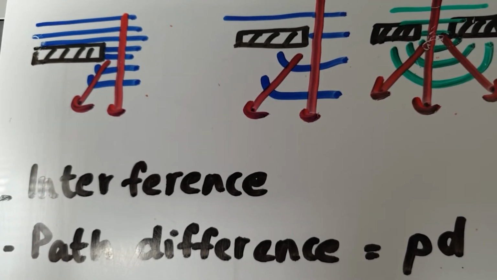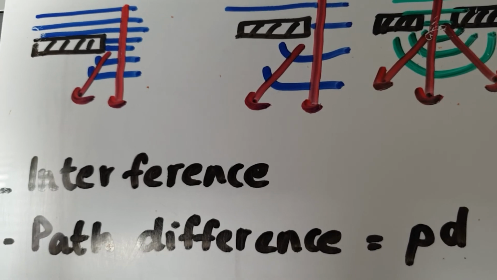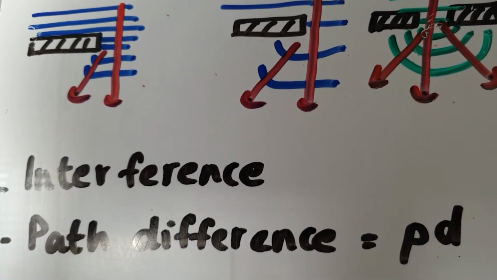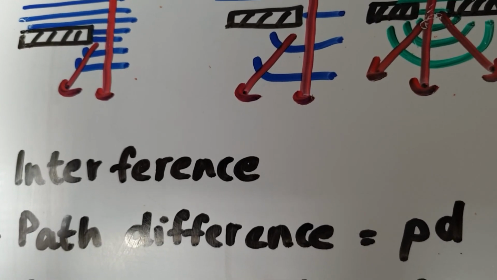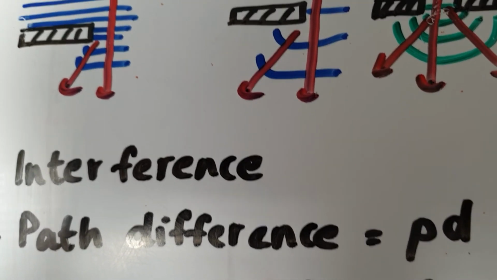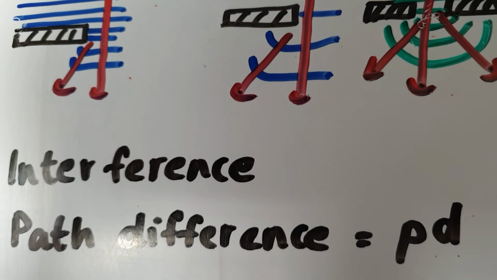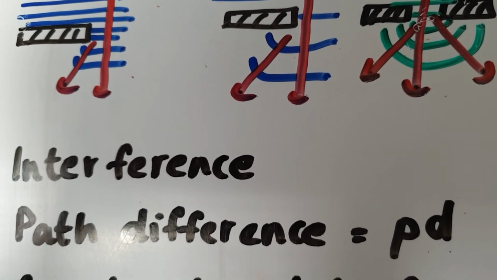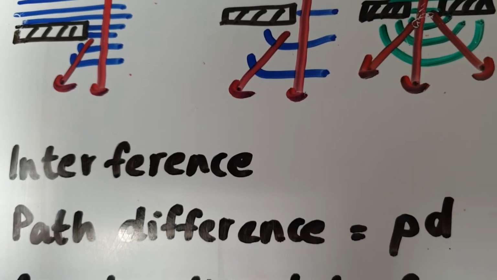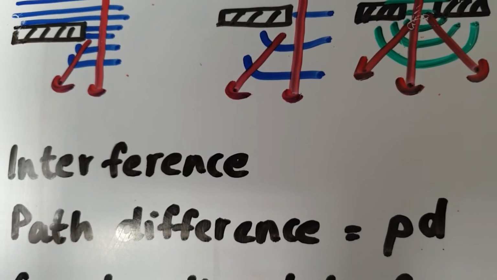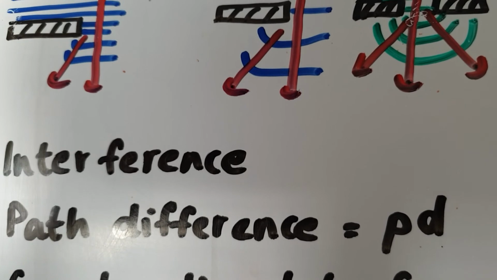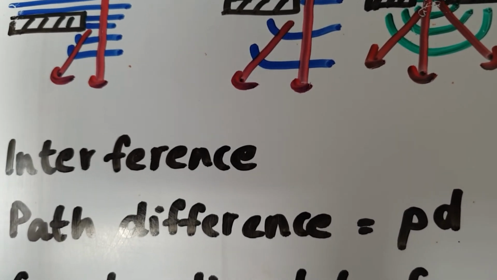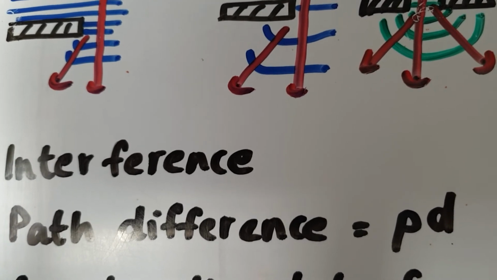Now in order to get that resultant wave, it's waves coming from different sources. So that brings us to the term path difference. Path difference, or PD, is the difference in distance traveled by the waves to reach a particular point. We'll come back to this more in the next lesson, but path difference is an important thing that you need to know in year 13.